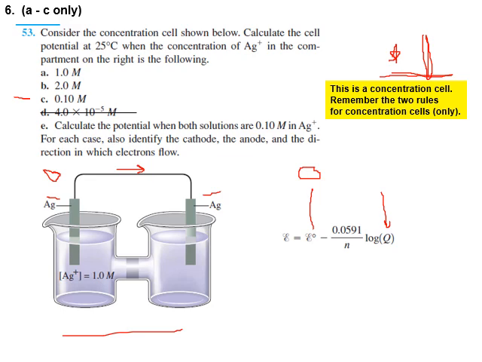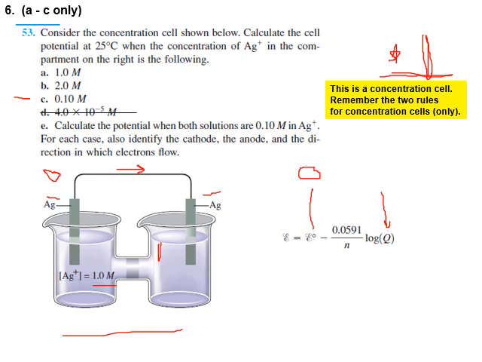All right, so for part A, we're going to put 1 here at the top, and it's 1 over here on the left-hand side also. So what would Q be? Q would be products over reactants. It's going to be 1 over 1, which is 1.